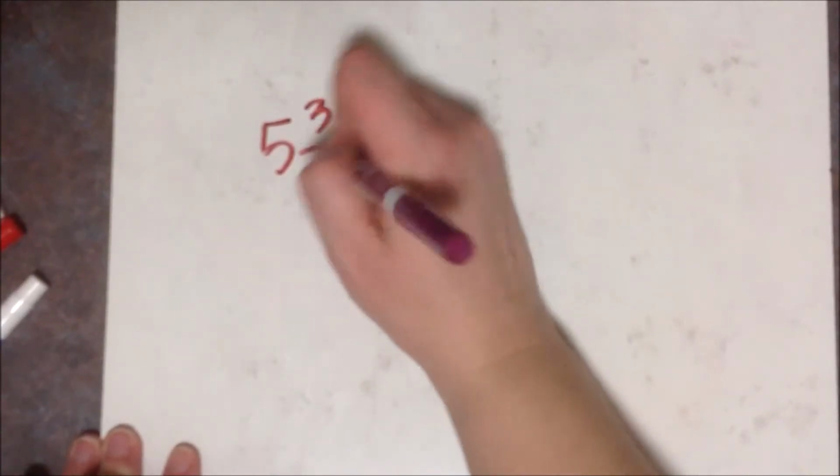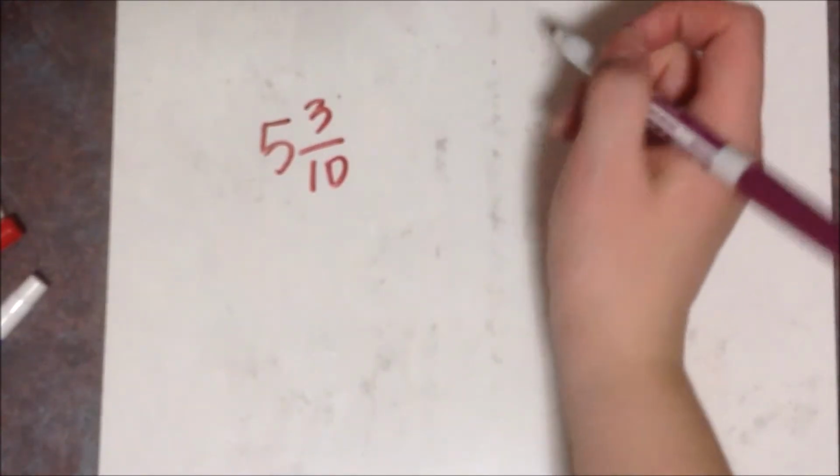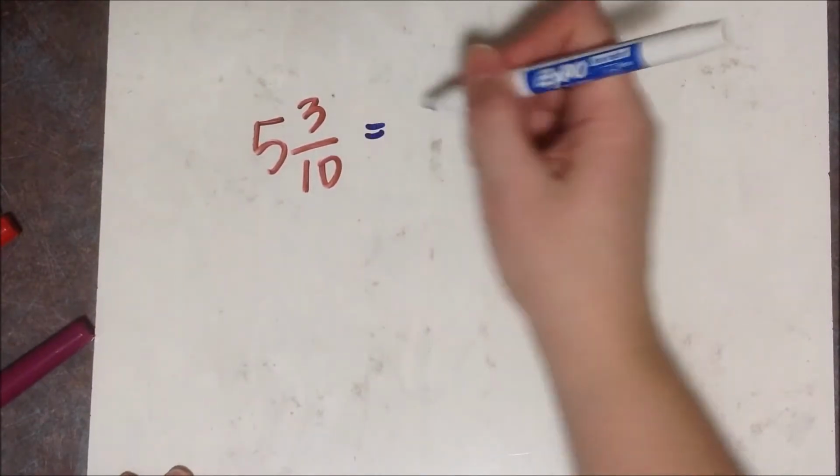So why is this important? Well, this is how we're going to be dealing with it. If I had this mixed number, 5 3/10, and I wanted you to write this as a decimal, there's a couple of different steps to think about. So I'm going to have my equal sign here.